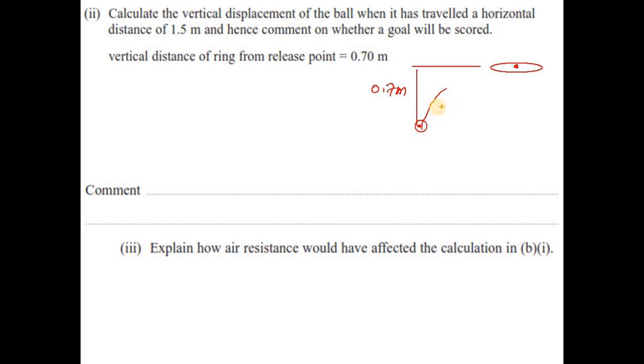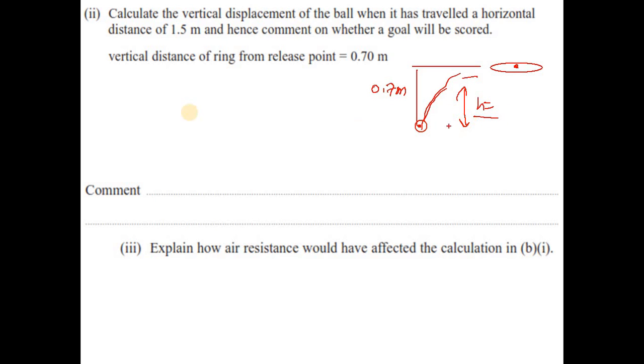If the displacement gained by the ball during the throw is greater than 0.7, then it is possible that we have a goal. But if it is less than that, then it will not be a goal. So we need to figure out the displacement, or the vertical height gained by the ball.